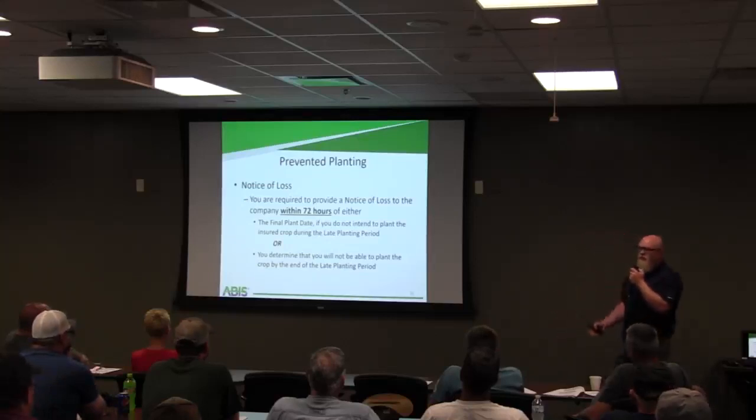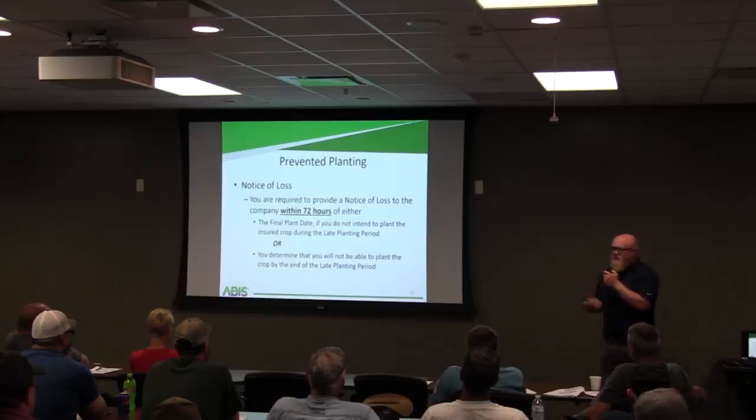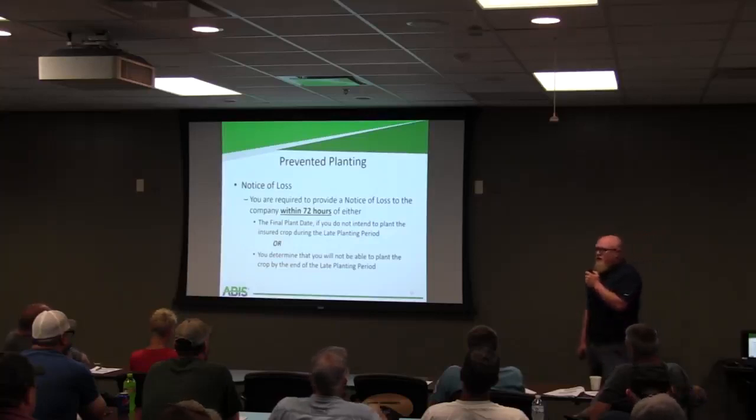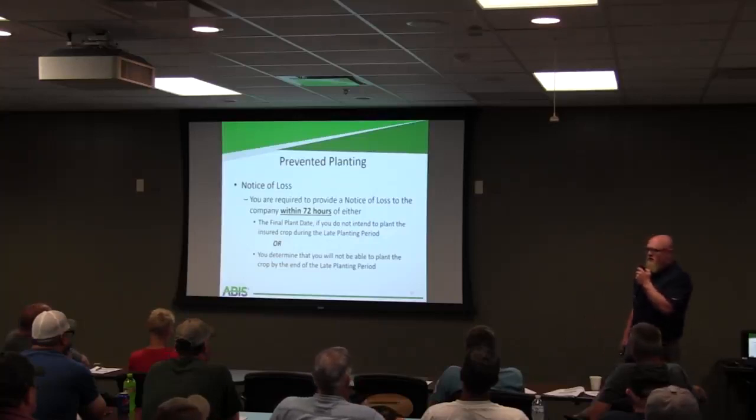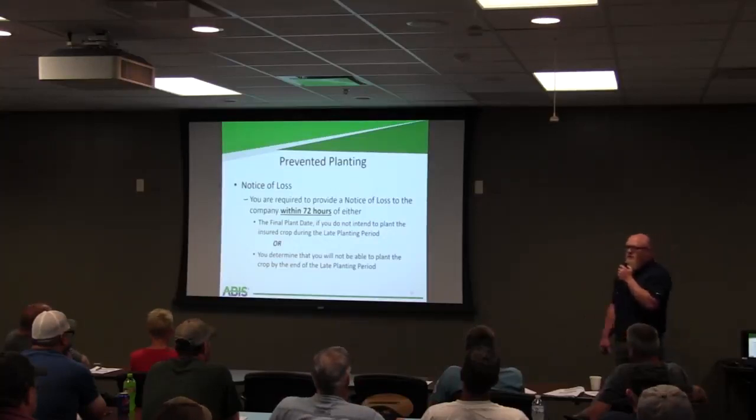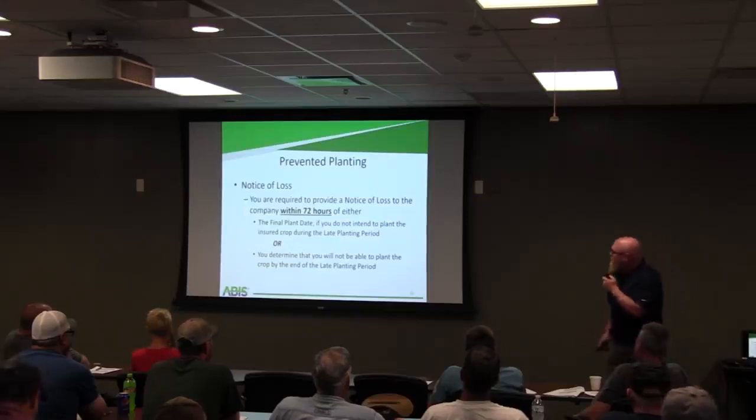And then we can take those all the way through the late planting period up until 3 days after the fact. So in discussions with several folks in the last few weeks, I've encouraged, if you have any doubt whatsoever, let's go ahead and get it turned in, because the worst thing that could happen is we just withdraw it if you can get those acres planted.